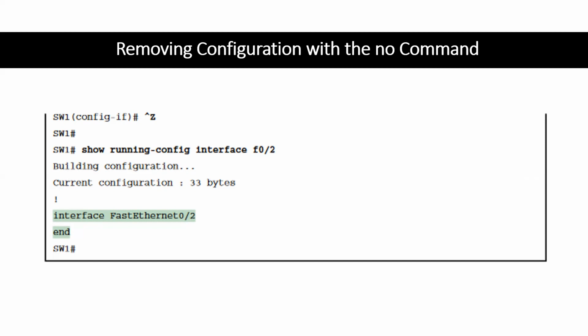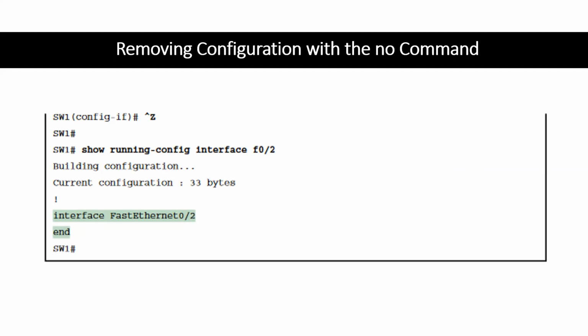By default, switch physical interfaces, and I believe router physical interfaces, out of the box, in a lab environment and sometimes in a production environment, based on the make and model of the switch, come pre-configured to auto negotiate. Auto negotiate what?